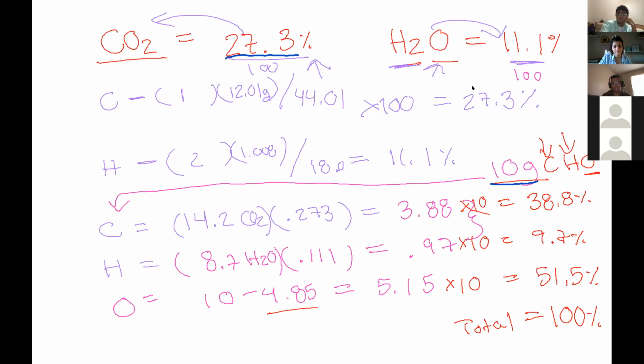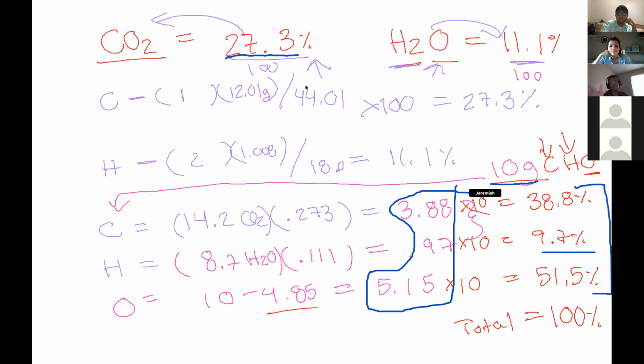How do we find the empirical formula for that? Once we have this, it's really simple, luckily. Before you divide or anything like that, you can just take these numbers right here, divide by the smallest one, which is the 0.97 from hydrogen.